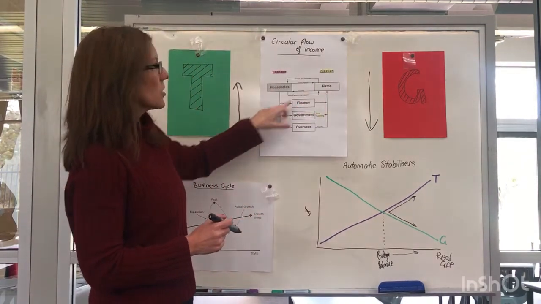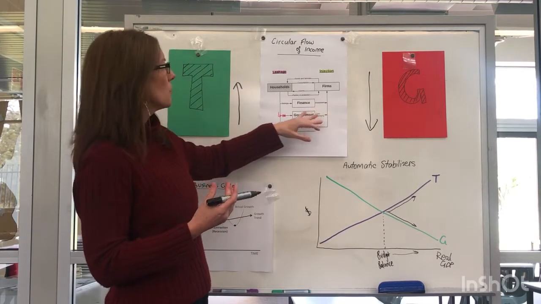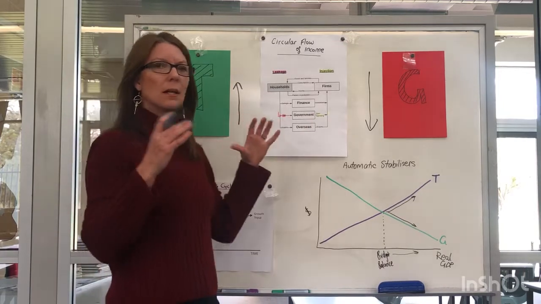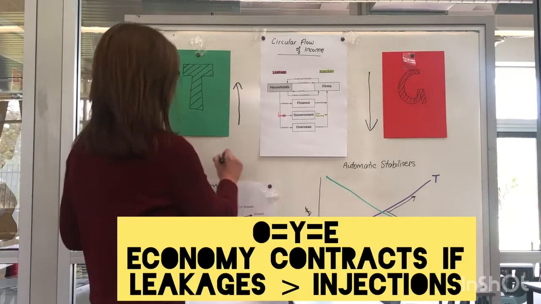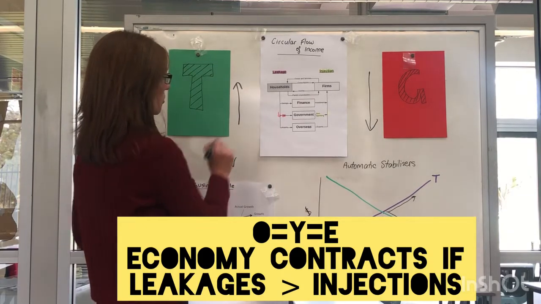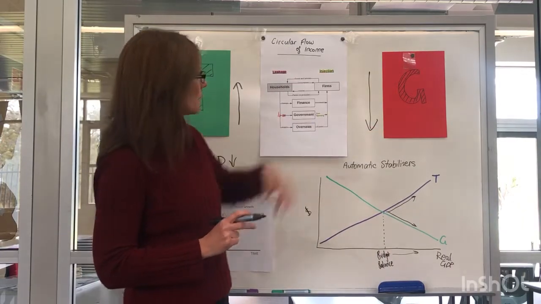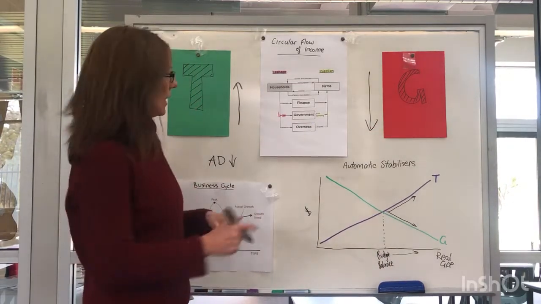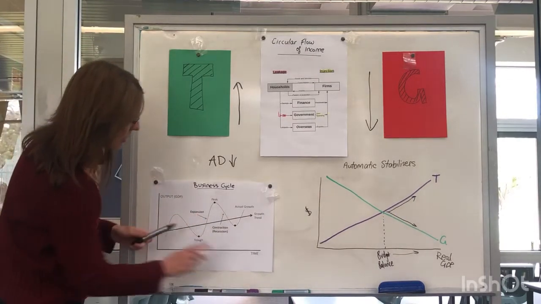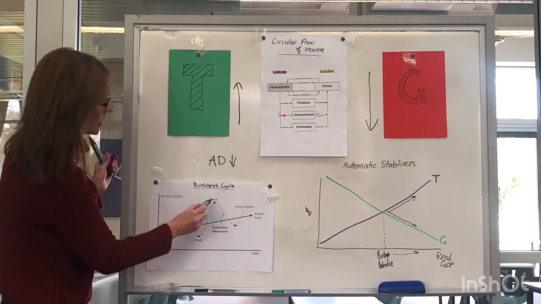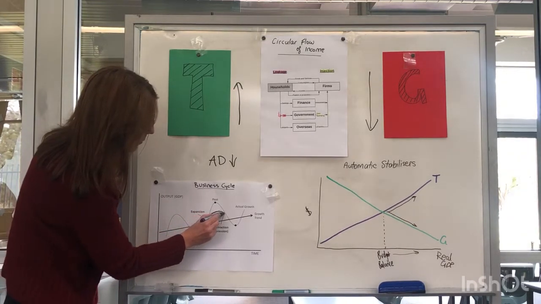So leakages are greater than injections. You might think, oh, that's weird, but ultimately what that does is creates less aggregate demand, okay? So aggregate demand actually decreases as a result of less government spending, okay? Less money coming back into the circular flow. And then on our business cycle, what we see happen is instead of it reaching this peak where it may be unsustainable, it actually just starts to taper off a little bit.